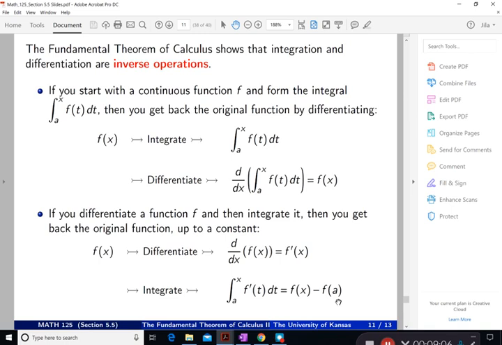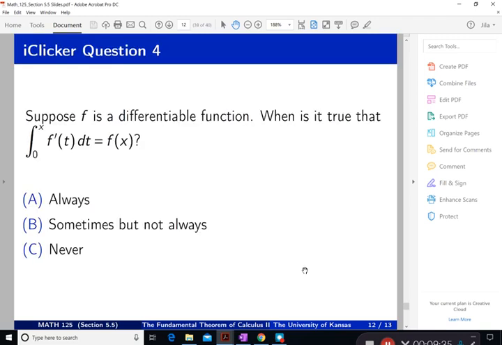So it depends on the a that is down here. In that direction, that a doesn't matter, but in this direction, that a actually matters. And that's what the initial value does for you whenever we discuss it: here's the initial value, find that constant. So there's a difference between the two. When you go the other way around, you realize that they can be different by a constant, which depends on our initial value.